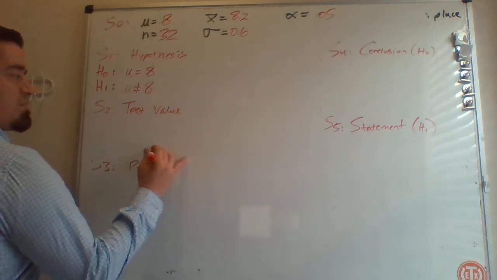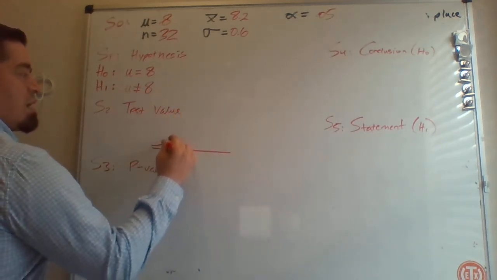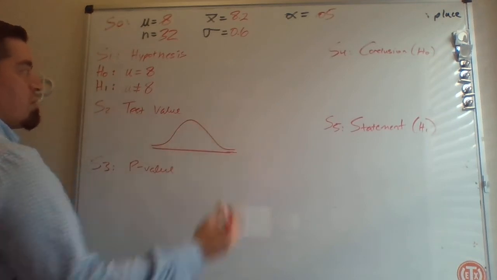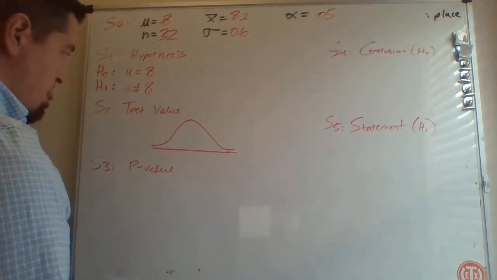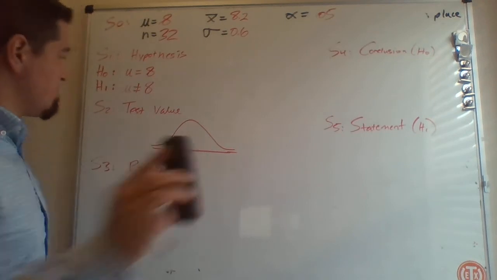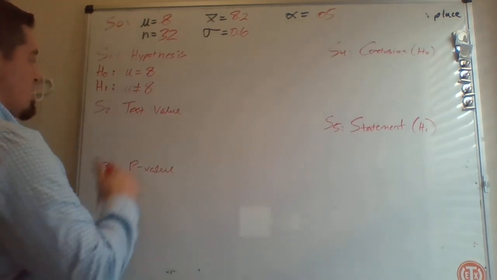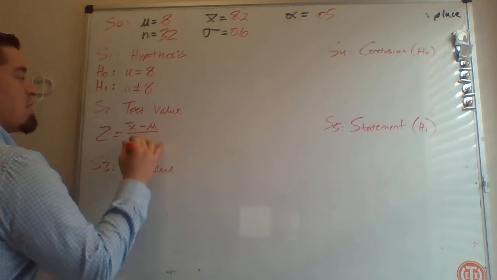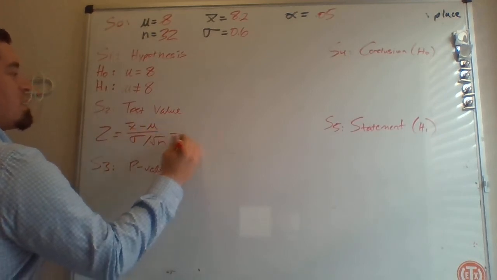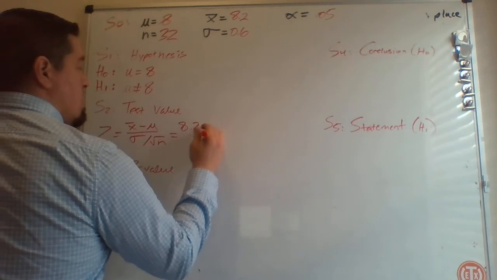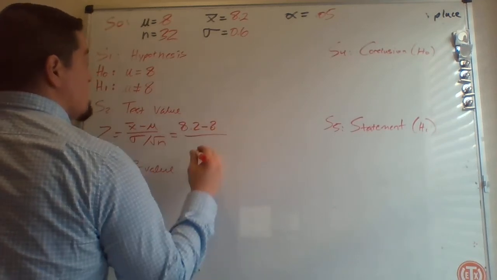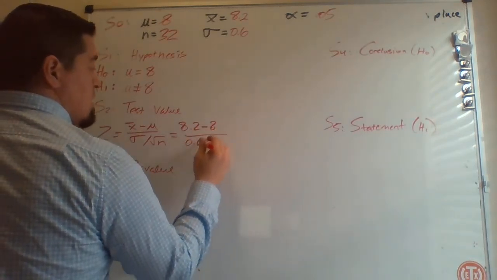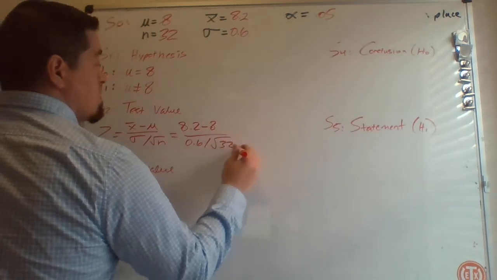So here, you're going to go ahead and put your normal curve. Well, no, I did that a step ahead. We'll just calculate the test statistic, which is z equals x bar minus mu over the standard deviation over the square root of n. So x bar is 8.2, mu is 8, over the standard deviation 0.6 divided by the square root of 32.